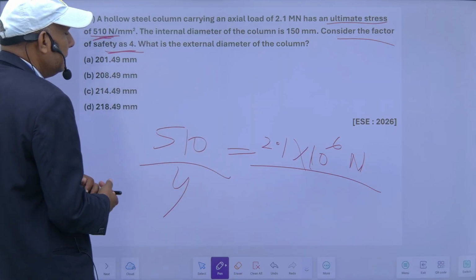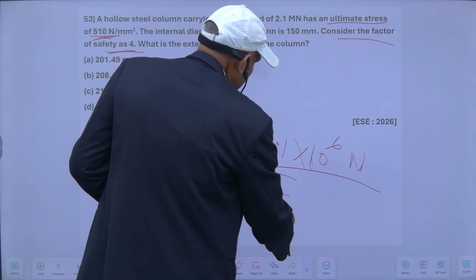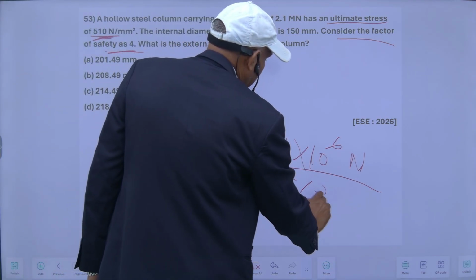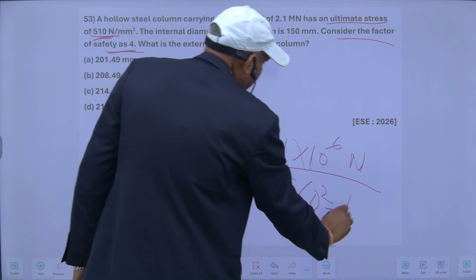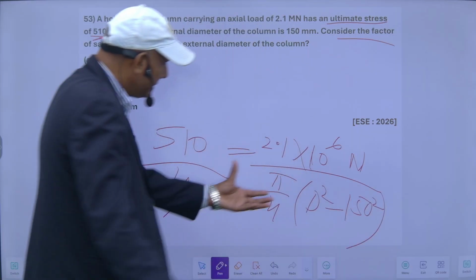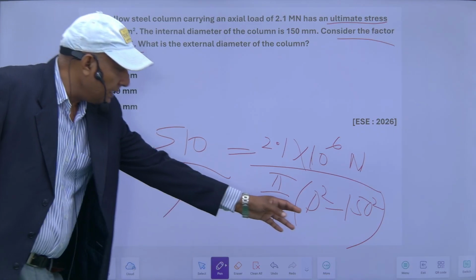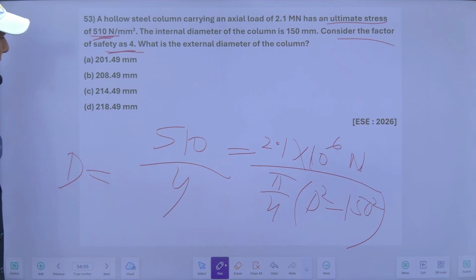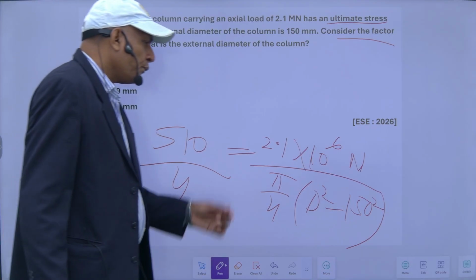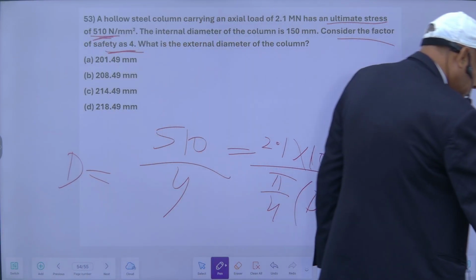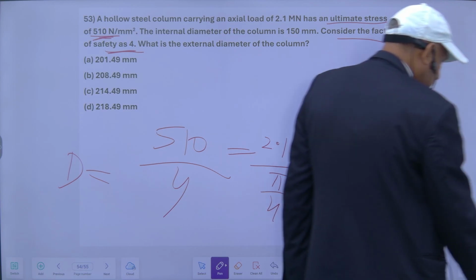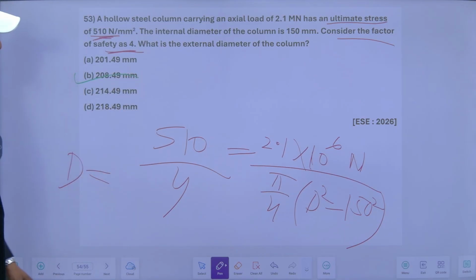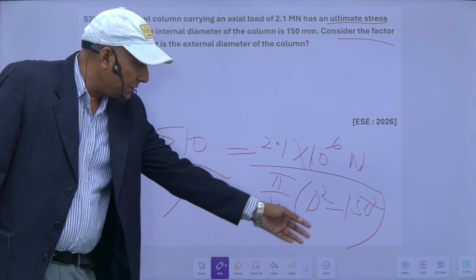So area is pi by 4 into external diameter D square minus internal diameter 150 square. When you equate this, from this you can find the external diameter of the column, and this D finally will come out to be 208.49. So with this equation, you can find the diameter.